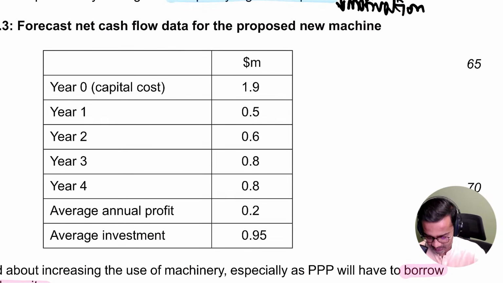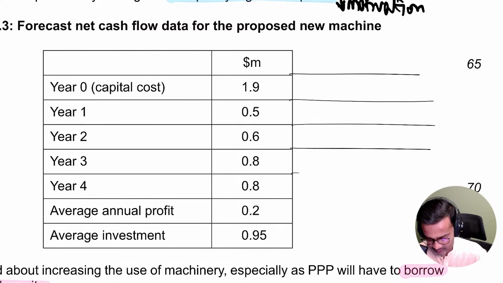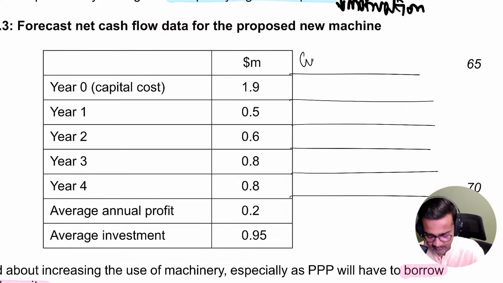I'll just do that here. And what you do is a simple process of cumulative frequency. Okay, so let me just make these really crooked lines, right? And I'm looking at cumulative cash flows.